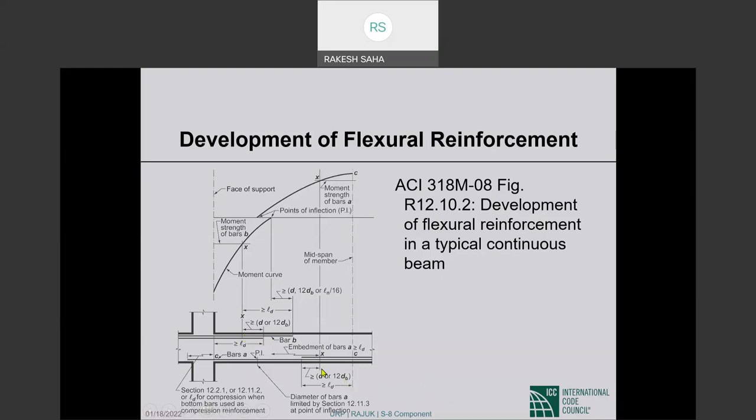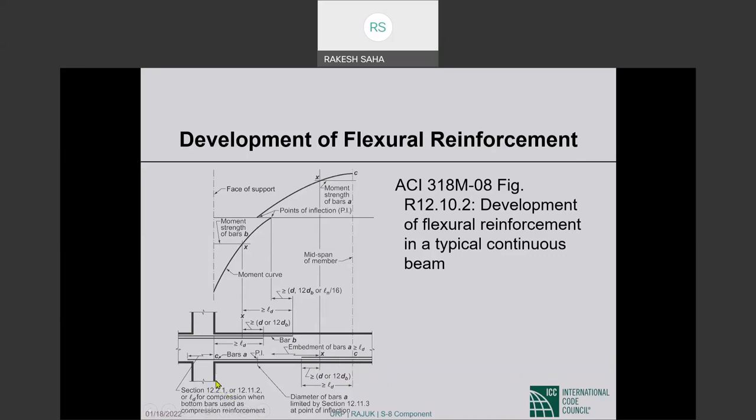At the bottom, the C bars can be theoretically discontinued at this section X, and that's what the bending moment diagram shows. But they have to continue beyond by d or 12 bar diameters, whichever is the larger of the two. And these bars that are being cut off have to be fully developed beyond where they need to develop f sub y, full development length, which is apparently this section.